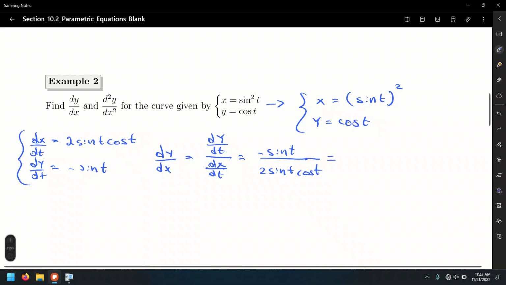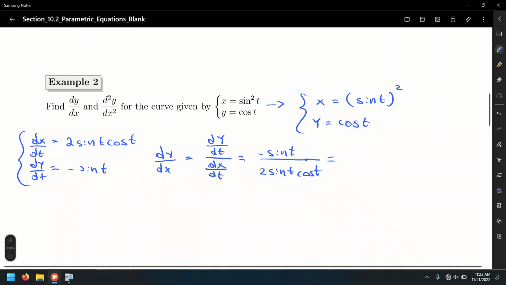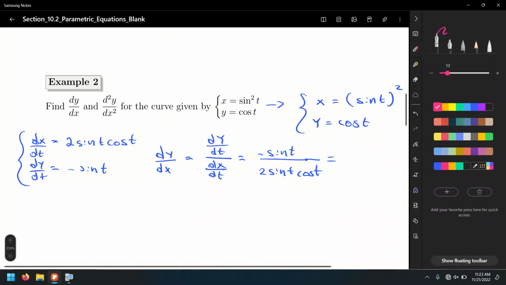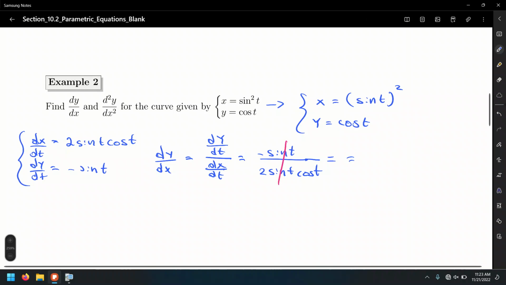And we're essentially done with the calculus for the first derivative. However, you might want to simplify this a bit further, because number one, we can cancel out the sine t's right here. So let's cancel them out. So that's going to be negative 1 over 2 cosine t, which at the same time is negative 1/2 secant t, using identity. So it would be better.